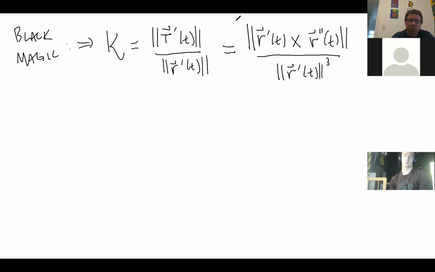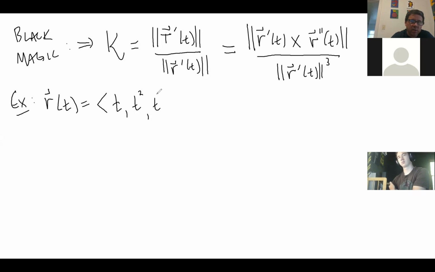Let's go ahead and do an example of that. We did a basic curve here, R of t, just to give you a reminder of all this stuff, cross products and lengths. So here's my curve: t, t squared, and t squared over 2. I'm not going to draw the curve because we could plot it out.